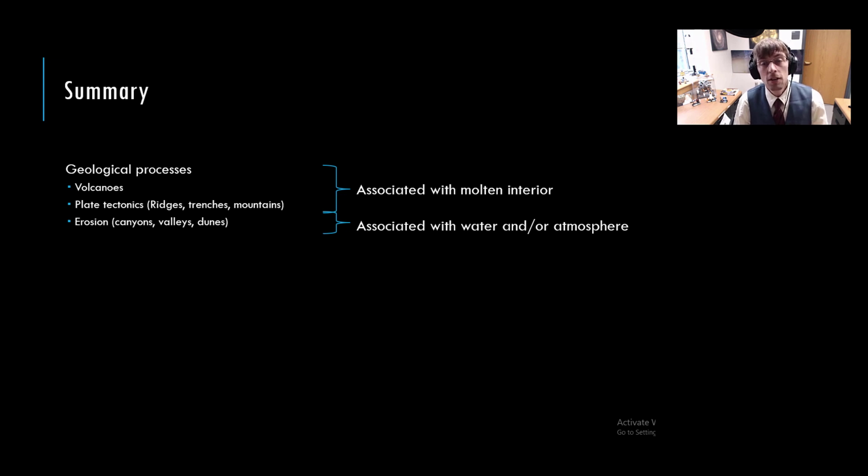So if we see these processes ongoing, we infer that the interior of the planet is still molten, still liquefied. When we see things like erosion, we can infer that the planet has water or some sort of appreciable atmosphere.